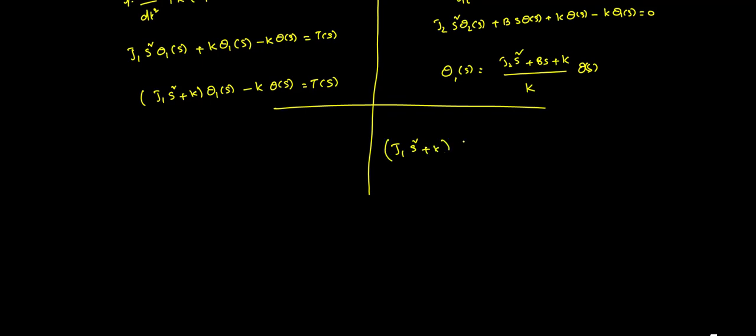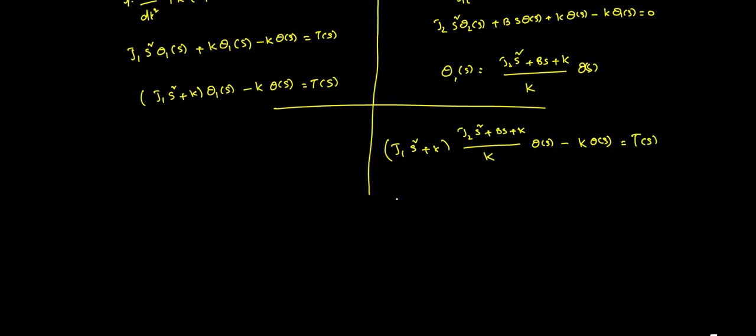Theta 1 is how much? It is J2 s square plus Bs plus K divided by K into theta of s, minus K into theta of s is equal to T of s.